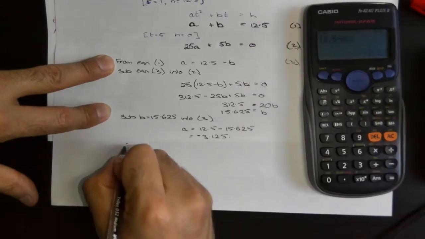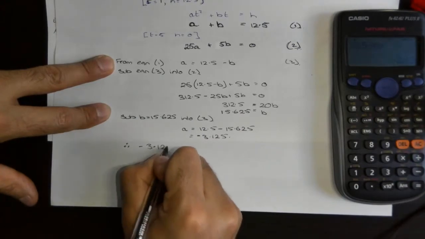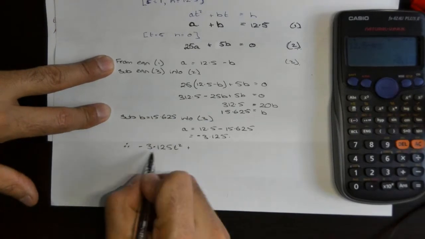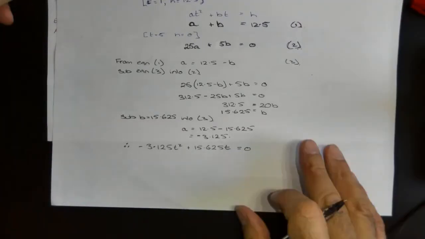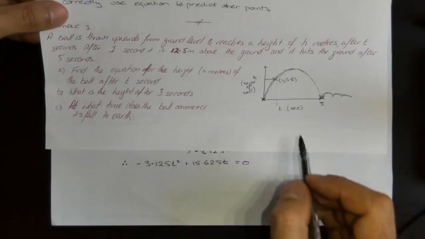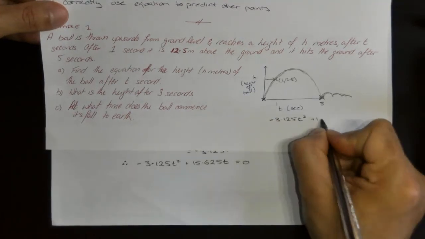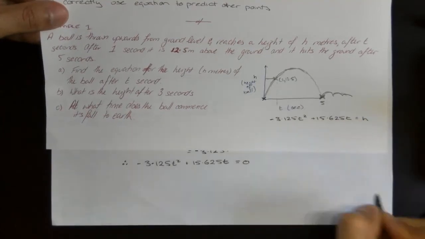So therefore, the quadratic equation is minus 3.125 t squared, because that's my a. Okay, so the equation of this parabola is negative 3.125 t squared plus 15.625 t equals h. Okay.